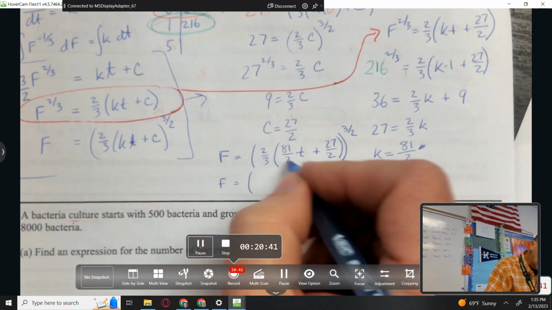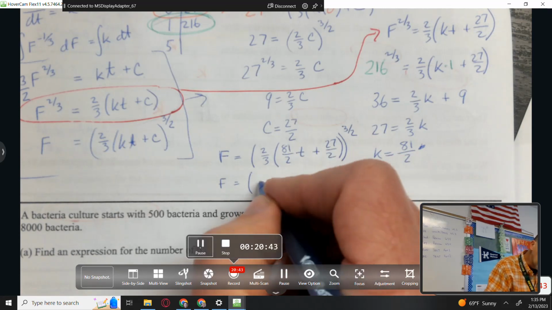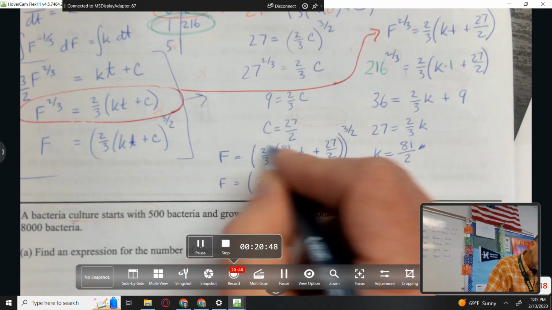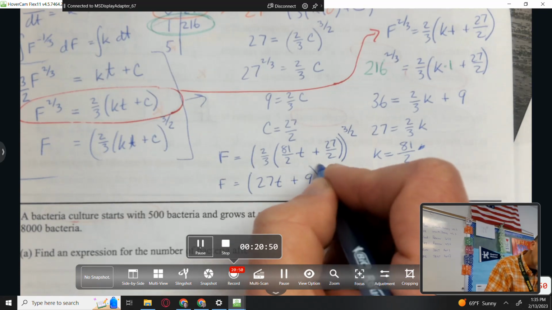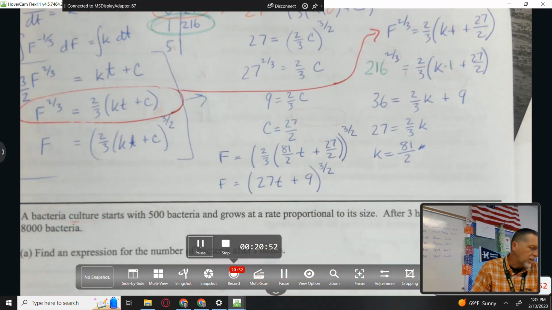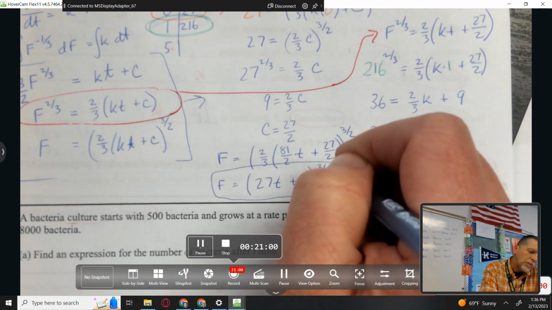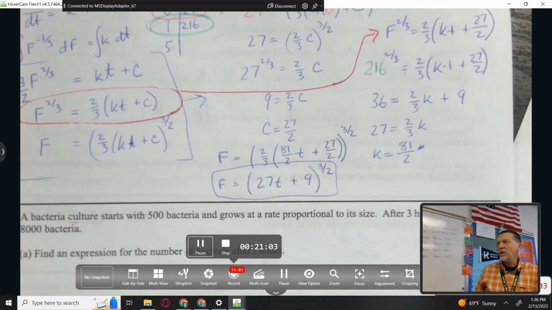The 2's cancel. 81 over 3 reduces. 27t plus 9, all to the 3/2. So that was ugly initially, but it sort of worked out in the end. I should be careful here. I'm not boxing that as my final answer. I'm boxing it as an important step.